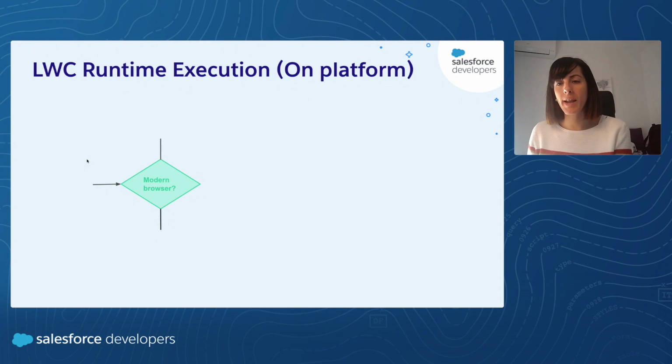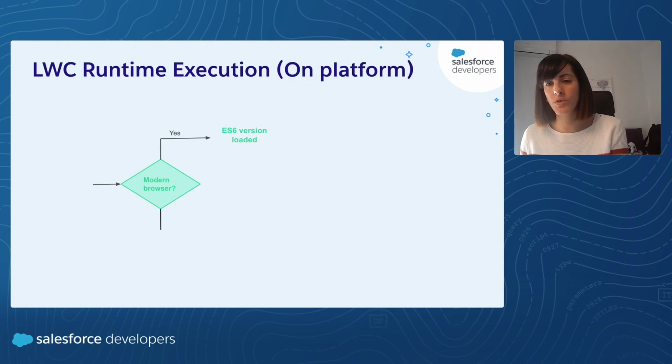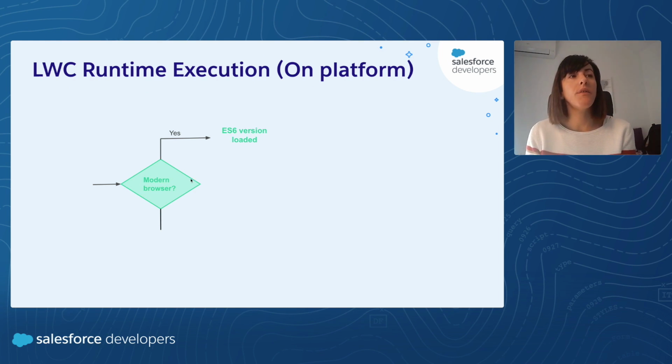So why do I explain what polyfills are? Because in Lightning Web Components, when we are on runtime execution, we are going to detect the browser in which you are running the application. If your browser is a modern browser, then the ECMAScript 6 version of the code is going to be loaded.